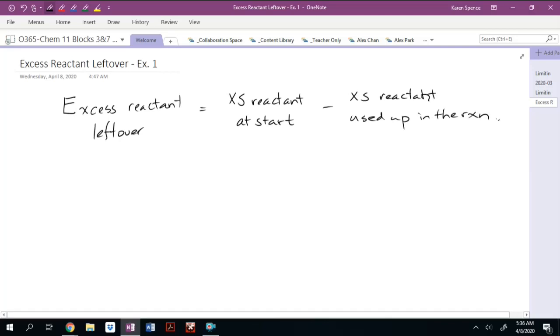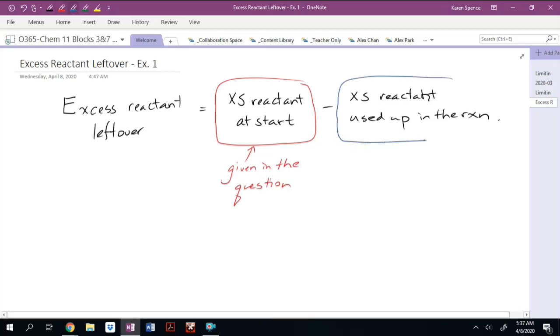Okay, now the amount that you are given at the start, this will be given in the question. And the amount that is used up, well, if you think about your reaction, you have two reactants, your limiting reactant and your excess reactant. The limiting reactant gets all used up.